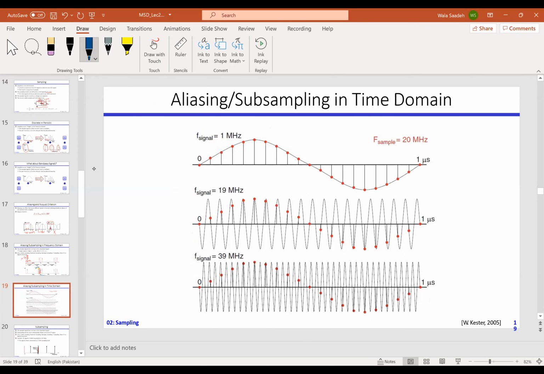In the time domain, what happens? I won't be able to reconstruct the original signal of 19 megahertz. What I will find is that the sample points replicate the 1 megahertz original signal.